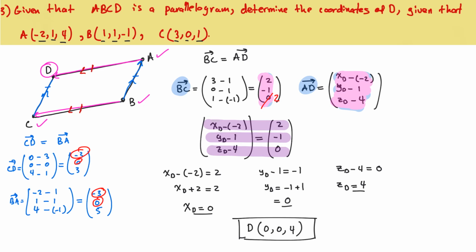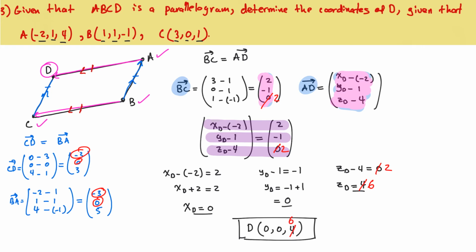And for everything else, it seems correct. So I'm going to change this to 2, and this equation changes here. This is going to be changed to 2. And when adding 4 to both sides, I'm going to get 6. So this is going to end up being 6.